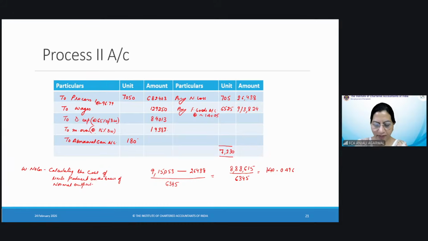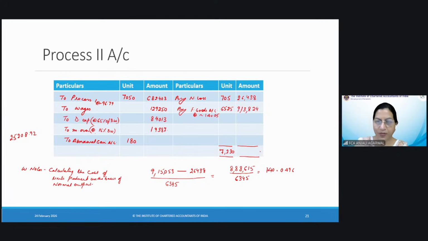What will be the price of 180? 180 into 140.0496. I'll write this figure on the side. As of now, I'll not put it in my account because I'll check the total here.